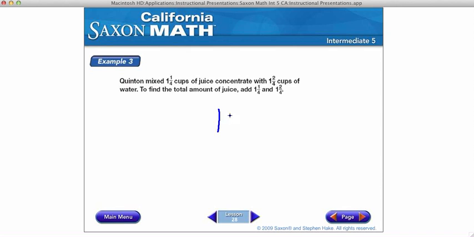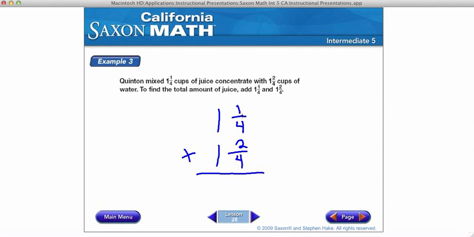So you're going to line up your ones place. So here I have 1 1/4, and then I line up the ones, and I line up the fractions. So think of this as like lining up your decimals or your money places if you're thinking about money. You always want to line up your fractions.